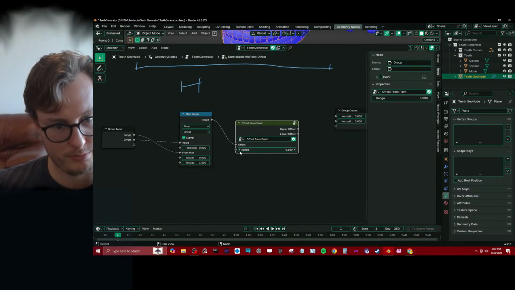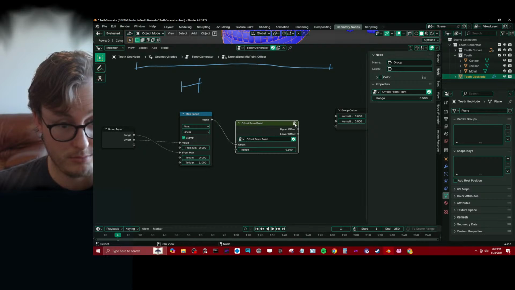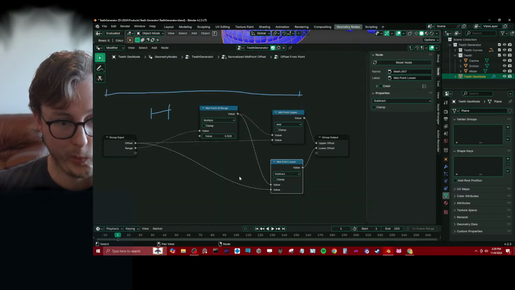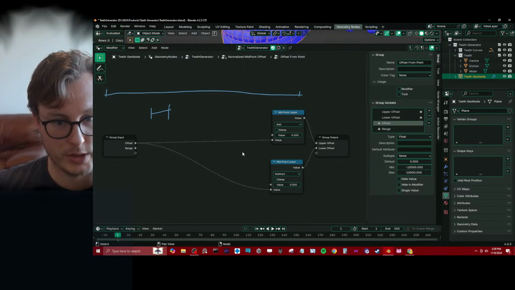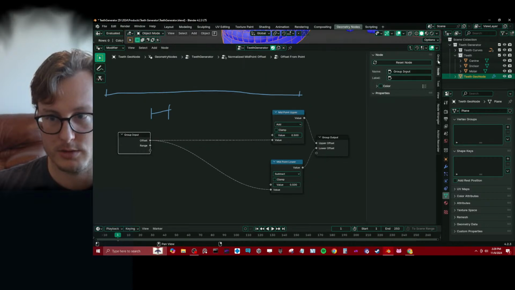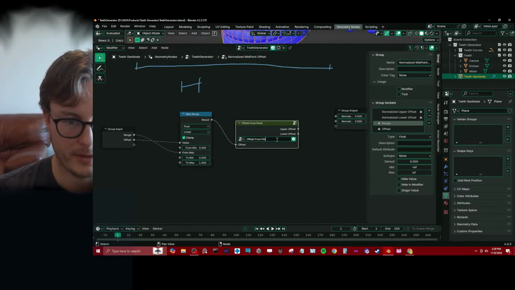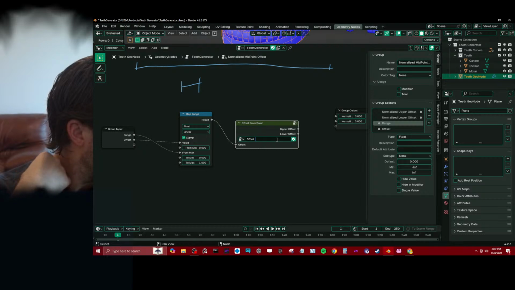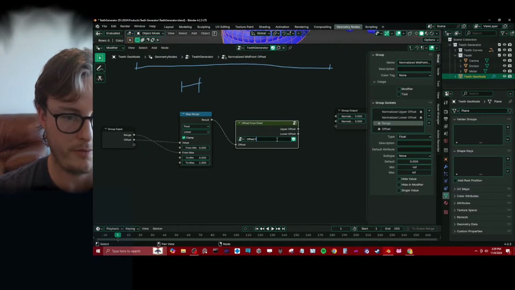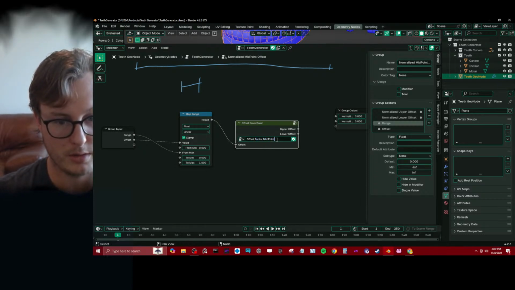The range, though, is just 0 to 1. There's no range. We just add, subtract 0.5, and there's no need for a range. So we know offset from factor mid. There we go.